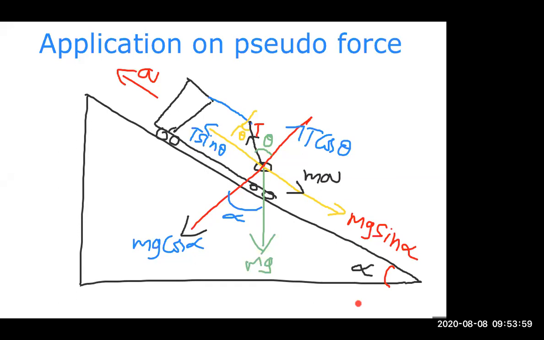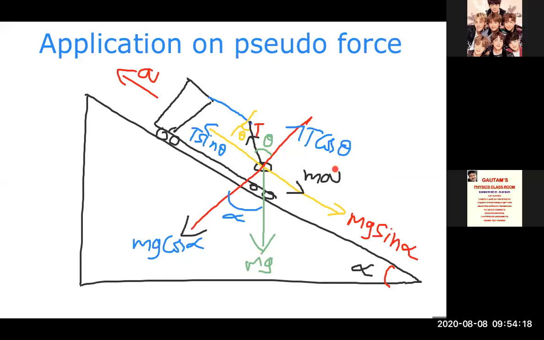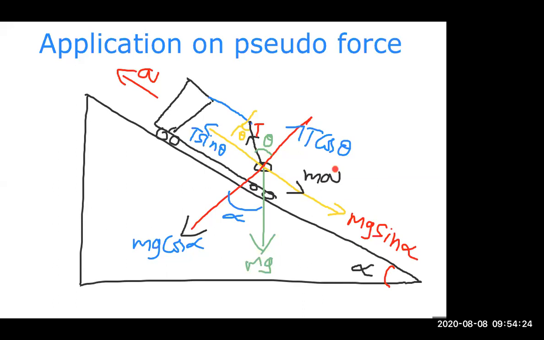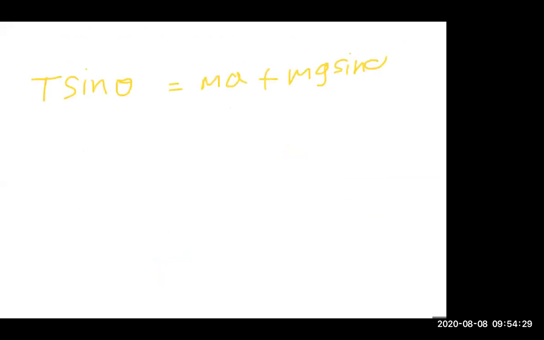Let me take a first page here. And before going to the page, just observe here: T cos theta is opposite to mg cos alpha, and T sin theta is opposite to MA plus mg sin alpha.